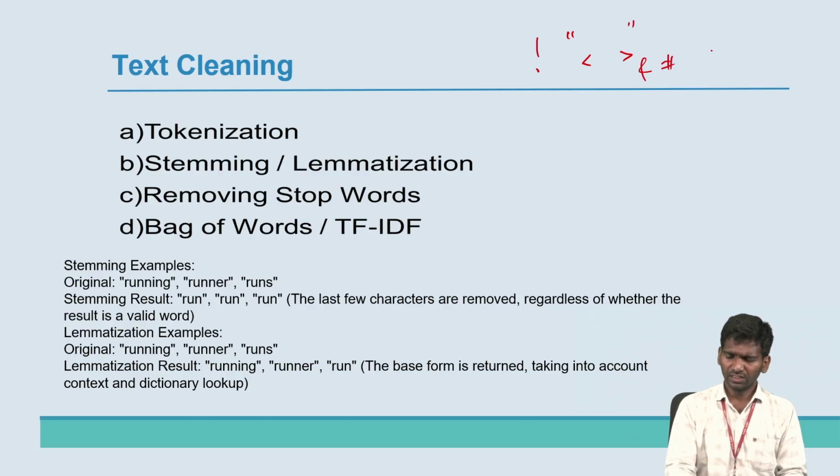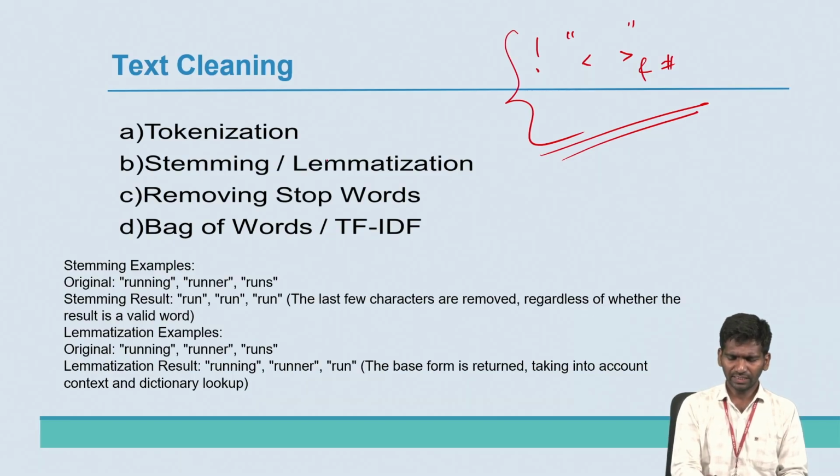Text generally consists of all these, so we can remove all these things in text cleaning. We have some special libraries in NLP where we can do text cleaning. After removing all these special symbols, we can apply these techniques. So finally, what will we get after text cleaning?